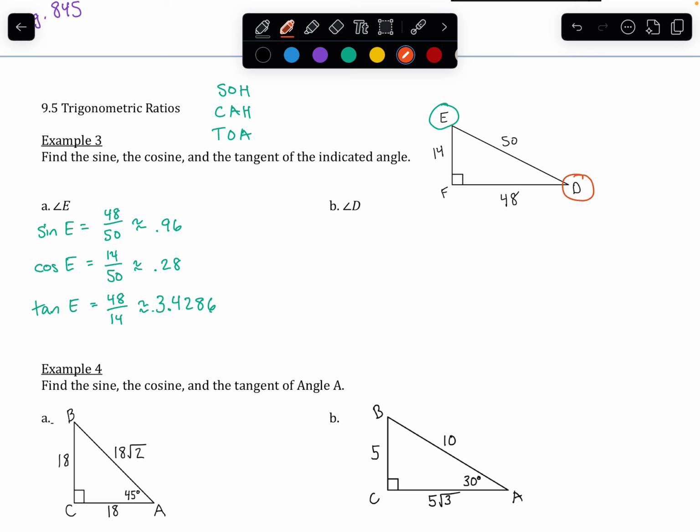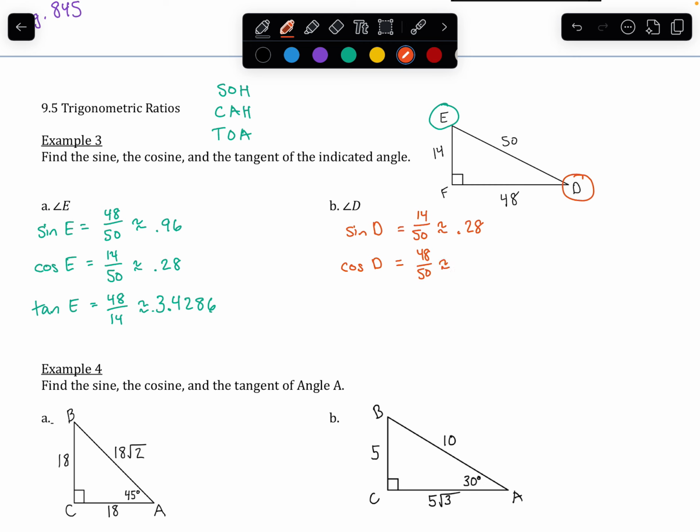Right, now I want to focus on D. So again, sine of D equals opposite. So 14 over 50. Calculated that earlier, so it's 0.28. We have cosine of D, which equals adjacent, so 48 over 50.